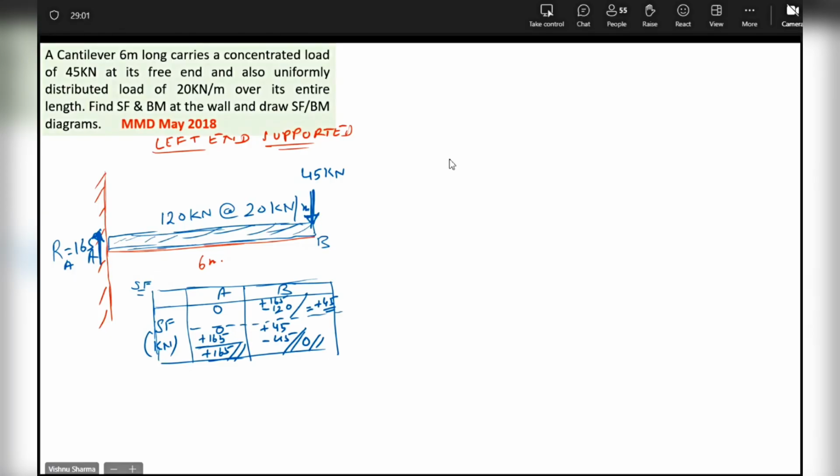Tell me quickly. Are the SF values okay? This 120, how did we get minus 120? Because of the weight of the UDL, beta. UDL is there, no? This blue thing on the diagram. From A to B, the UDL acts as 120 kilonewton, no?